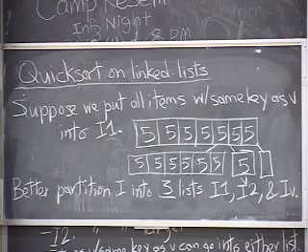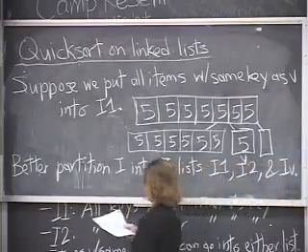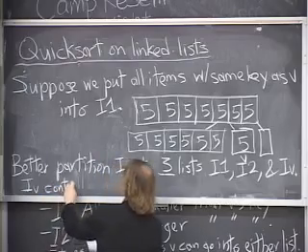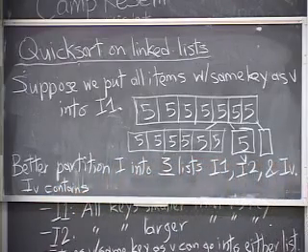IV, obviously, is going to be the list of keys that are equal to the pivot. And actually, I had said earlier that the pivot itself, V, doesn't go into any list. But now that I've got this new list IV, we can put the pivot there as well.